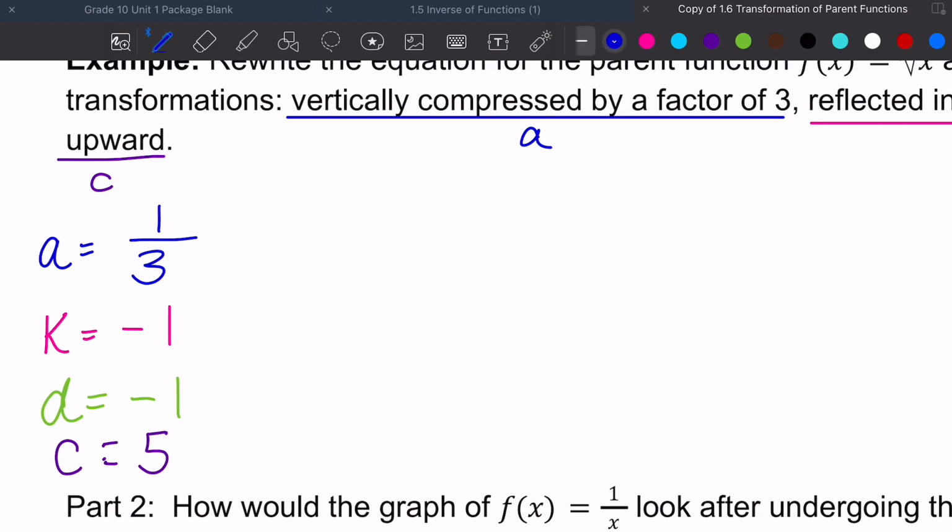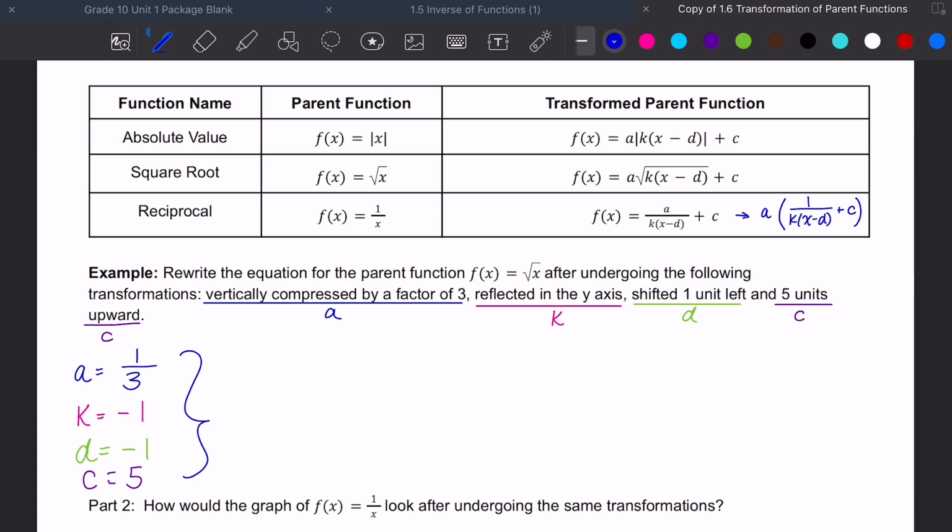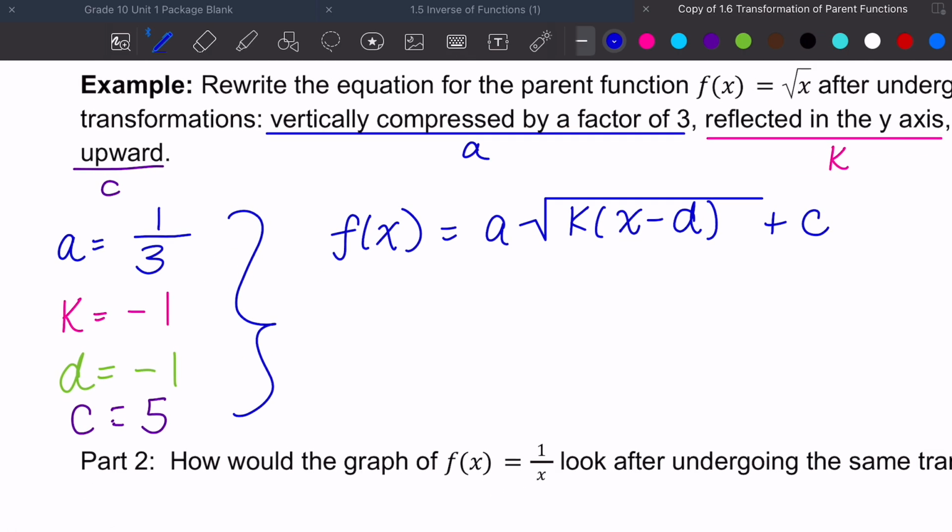It's like, okay, I've got all my values now. I'm going to plug them into the function. If you want to start with just the general form, which I'll do up here, f of x is equal to a square root of k x minus d, and then plus c on the outside. Then you're just going to plop your values into the expression.